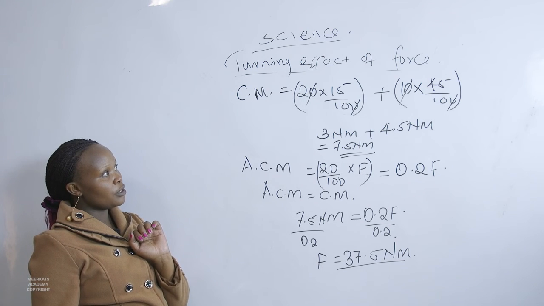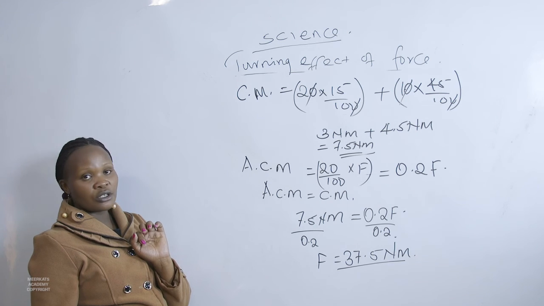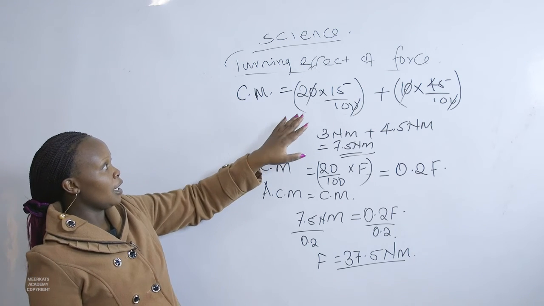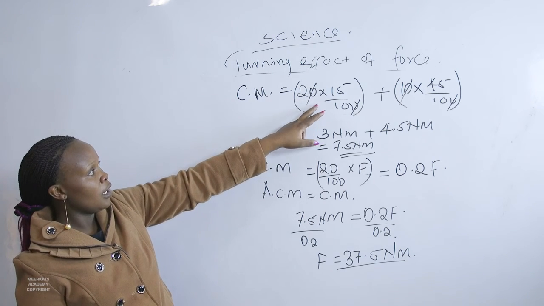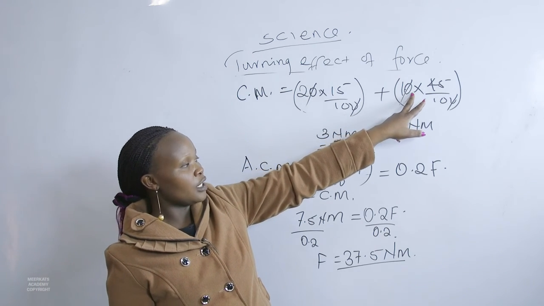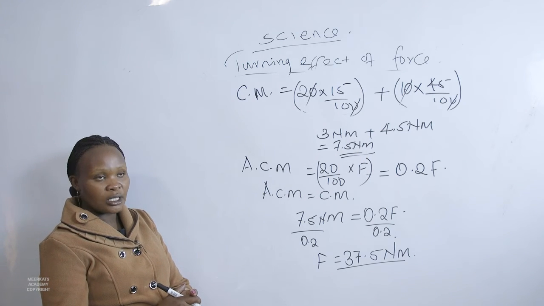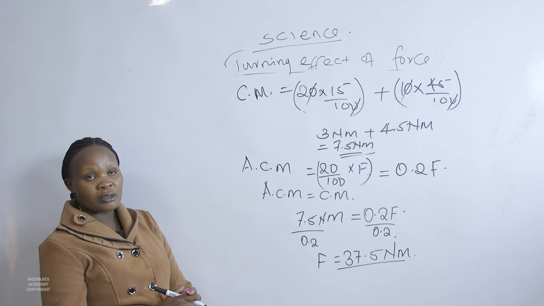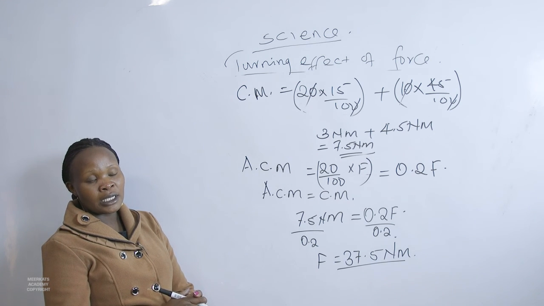Again, just a reminder, start by asking yourself which of the forces on the setup would turn your system in the clockwise direction. Those very forces should give you the clockwise moment. And in our case, we had a force of 20 newtons and another one of 10, which would turn our system in the clockwise direction. We resolved the moments by multiplying by the perpendicular distance.